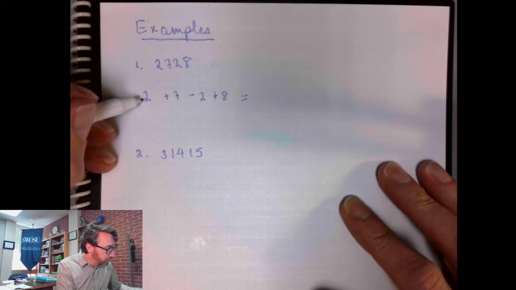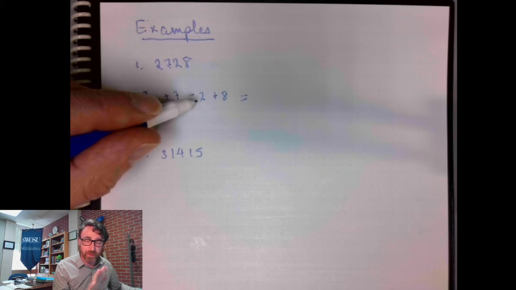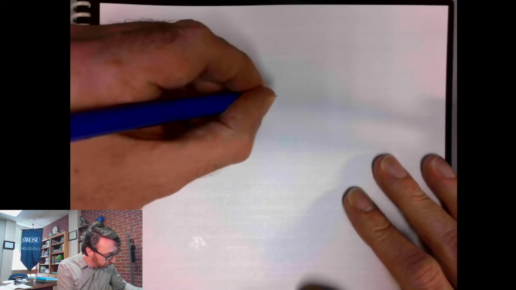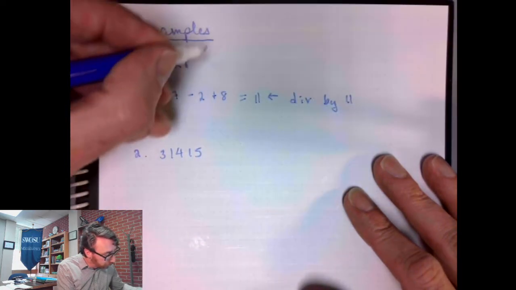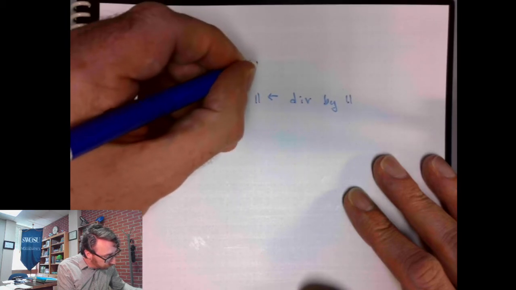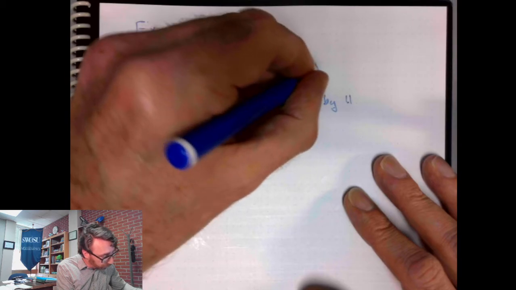So minus 2 plus 7, that's a 5. Minus 2 is a 3. Plus 8 is 11. And of course that is divisible by 11. So the original number is divisible by 11.